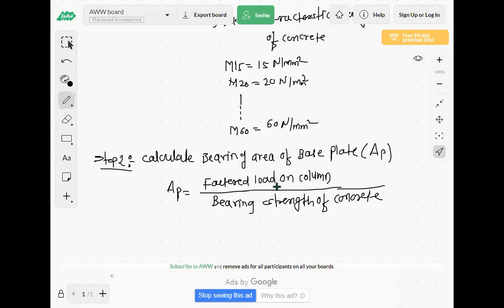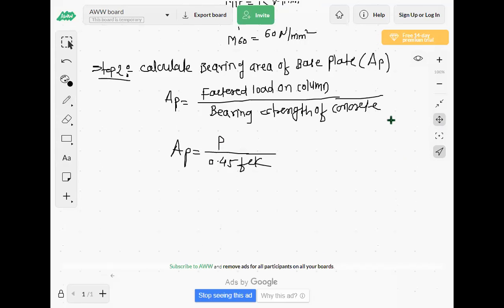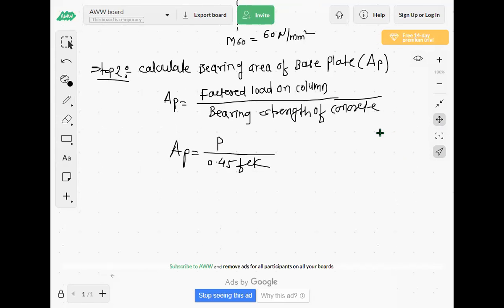If the load is not factored, we have to factor it by 1.5. It means if factored load P is there, then Ap is P divided by 0.45 fck. In this way we can calculate the area of base plate. So this is step number 2.